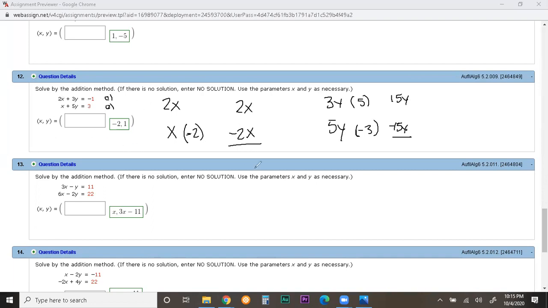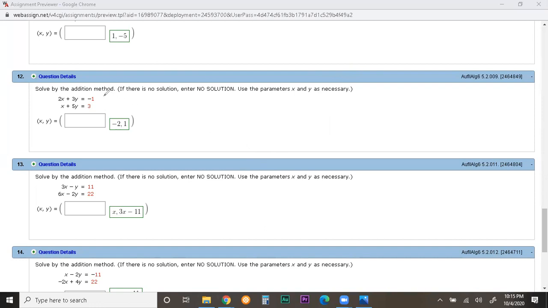So remember, when I say multiply the equation, that means that every single term in that equation has to be multiplied by that number. So just to write it out, we're going to have 2 times the x plus 2 times that 5y equals 2 times 3, okay?